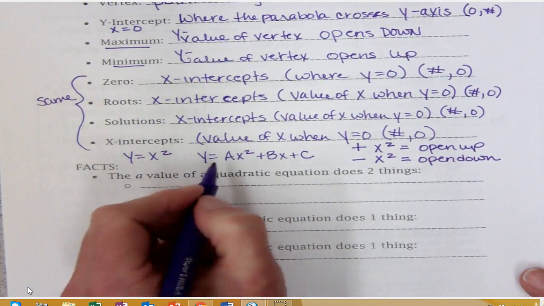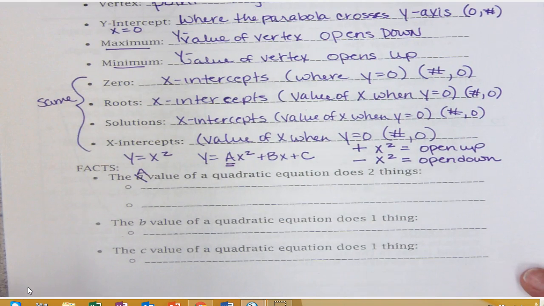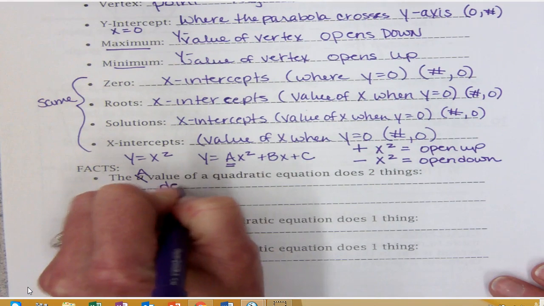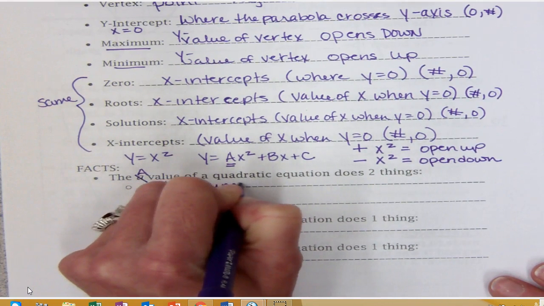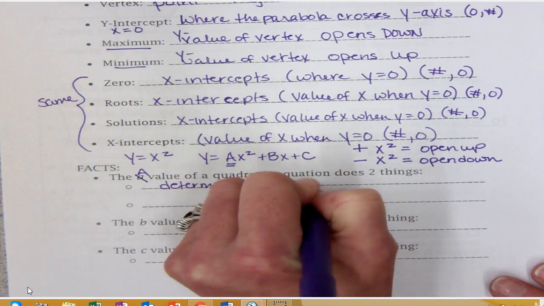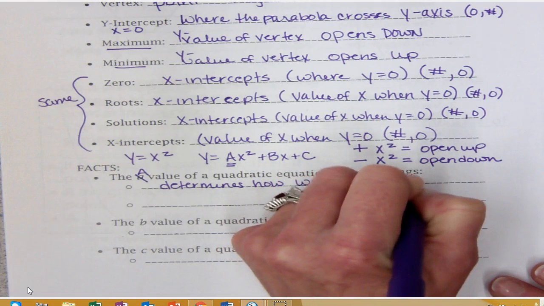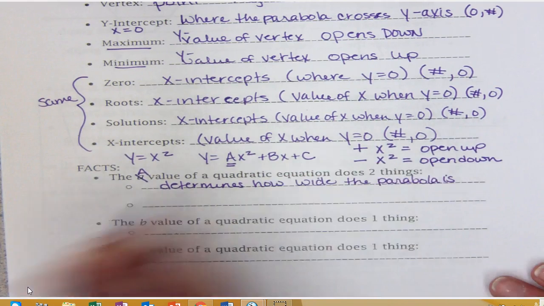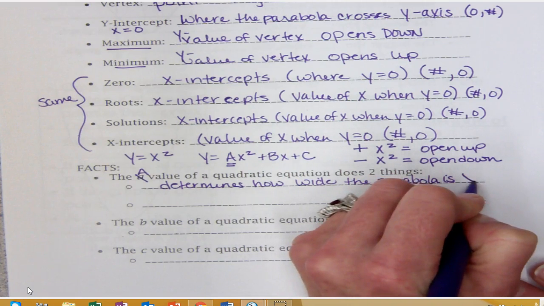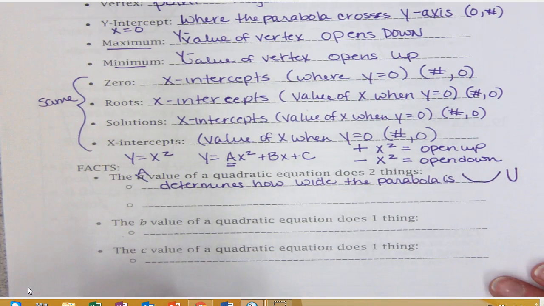So the value of a, which I'm going to go ahead and make a capital A, is referring to the number in front of your x squared. It determines how wide the parabola is. So you can have a parabola that is nice and wide like that, or you can have a parabola that is steep like that.